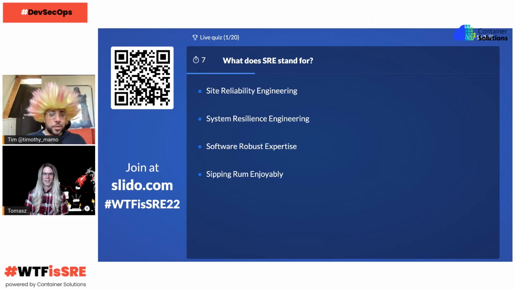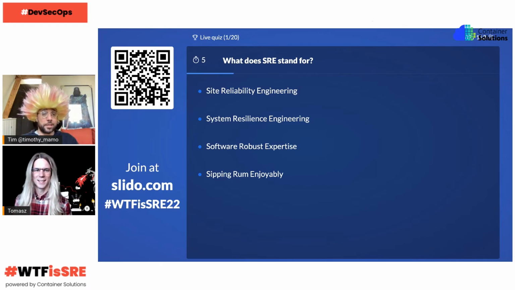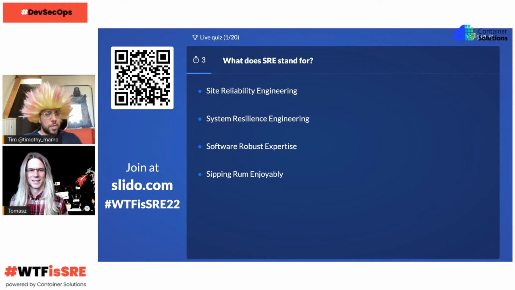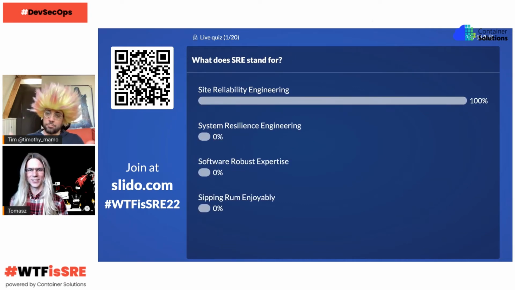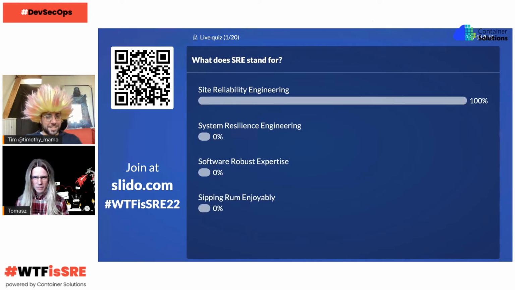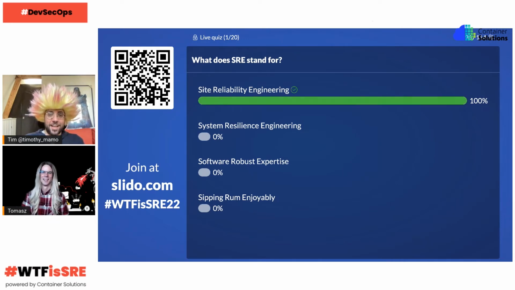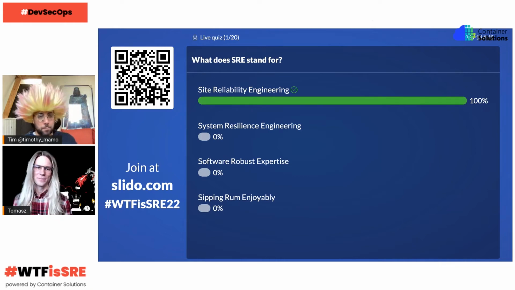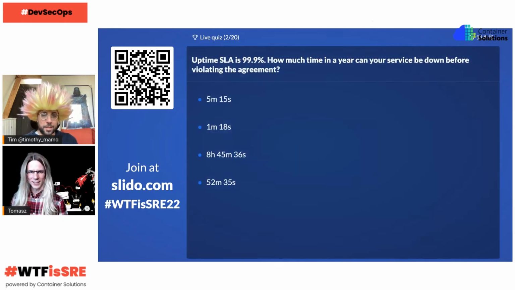These questions come from our CRE team at Container Solutions. You might see a bit of an alcohol theme going on every few questions now and again. So most people thought this. Actually, everyone thought this answer is correct. And indeed, it was the right answer.